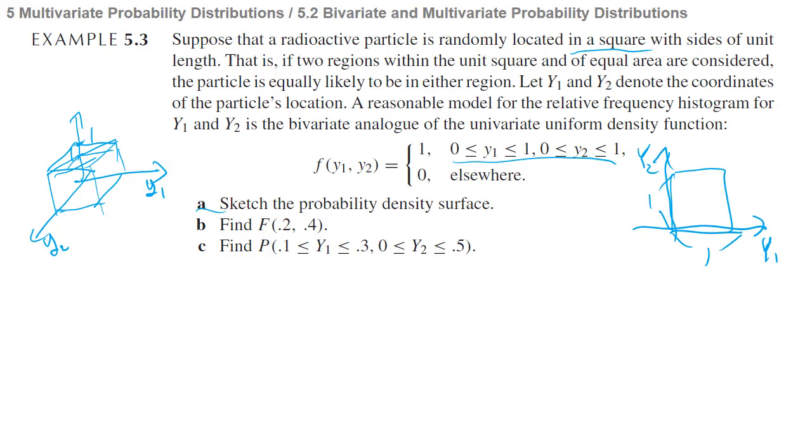So this is the density function for the bivariate random variable. And what about number B?